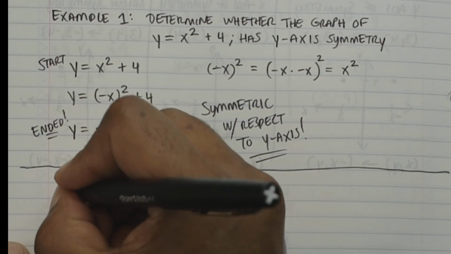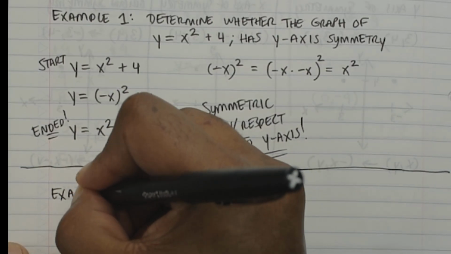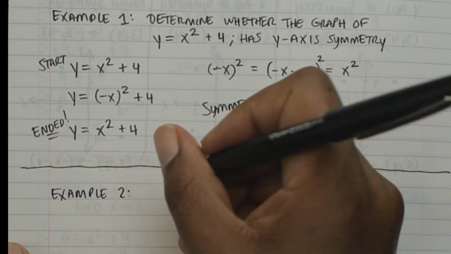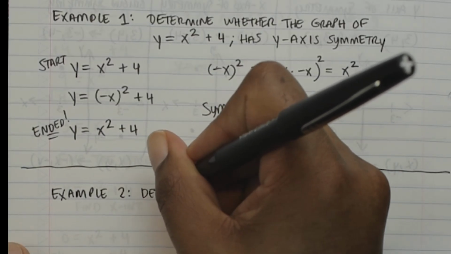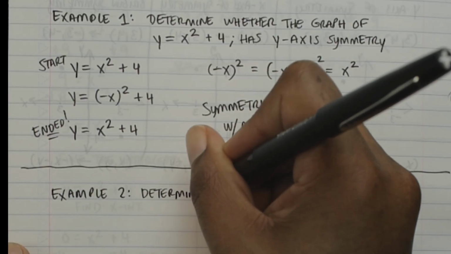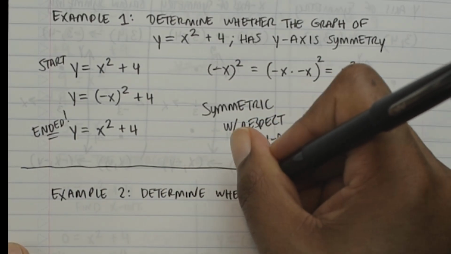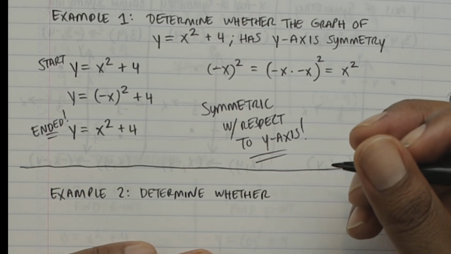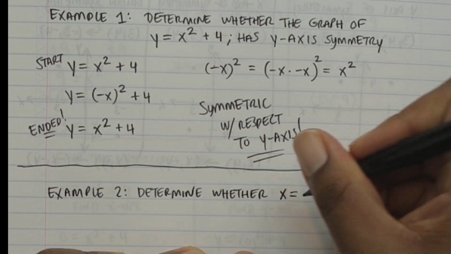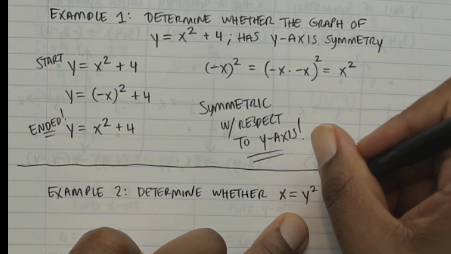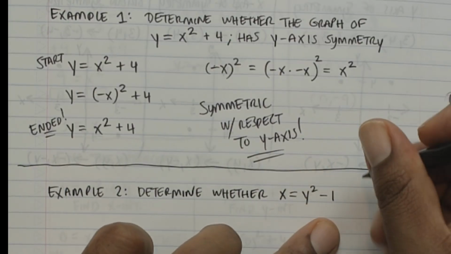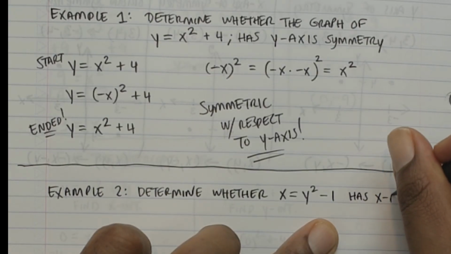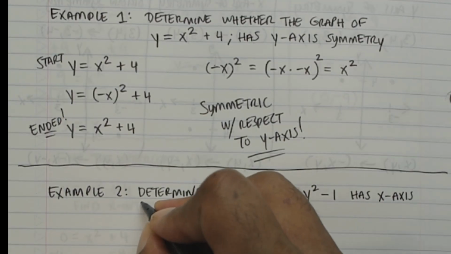A next example. This is example 2. Let's determine whether another graph is symmetrical with respect to another axis. So we're going to determine whether x equals y squared minus 1 has x-axis symmetry.